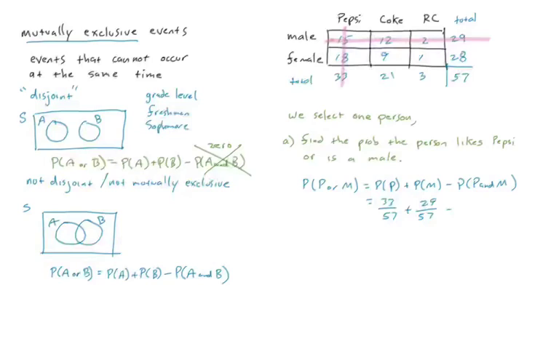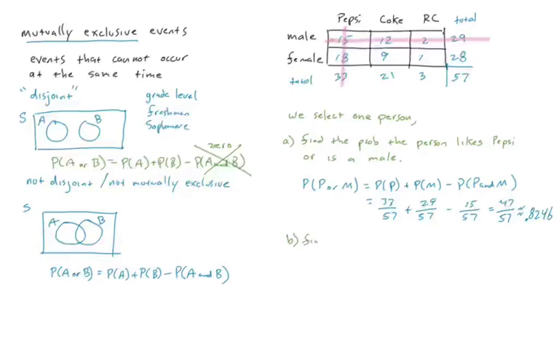And then we're going to subtract any overlap, which we could see is going to be those 15. And so we're going to subtract those. And we're going to get about 0.8246 or so. Okay. Now, these events here are not mutually exclusive because you could be in both groups. You could like Pepsi and be a male.